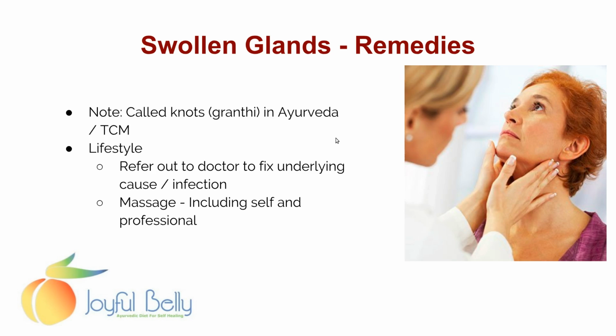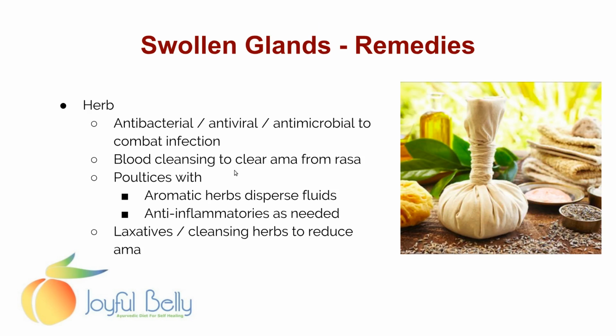Swollen glands, by the way, are called knots or granthi in Ayurveda, and especially in TCM. And I think TCM really develops this concept of knots, it really fleshes it out. But you want to refer out to the doctor to fix the underlying cause of the lymph node. Don't fool around with that. Just refer out to a doctor. Then they can do massage, including self-massage and professional massage.